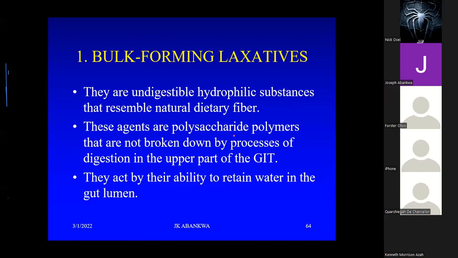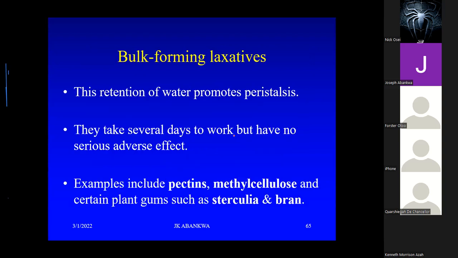When you take it, it gets into your stomach and absorbs water in the gut lumen, and this retention of water promotes peristalsis. They take several days to work, but they have no serious adverse effects.